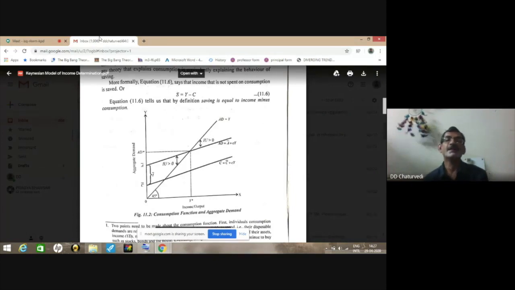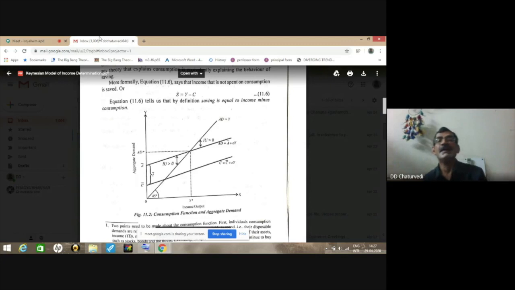After this point, the consumption function starts rising at a constant rate given by MPC, or marginal propensity to consume, indicated by the symbol small c. So the consumption function has been shown in this diagram to be linear and upward sloping, given by the equation C is equal to C bar plus cY.